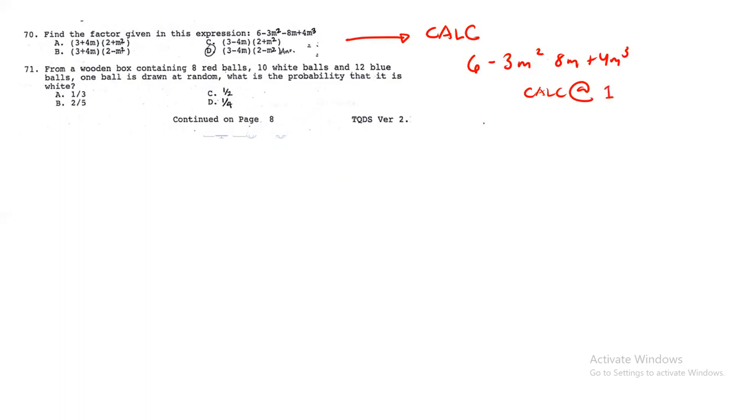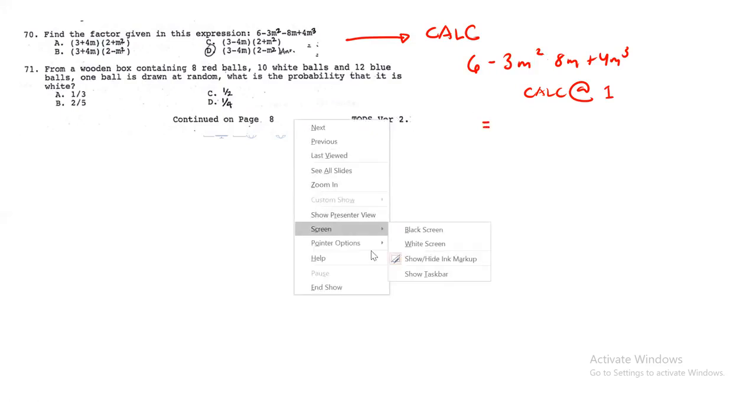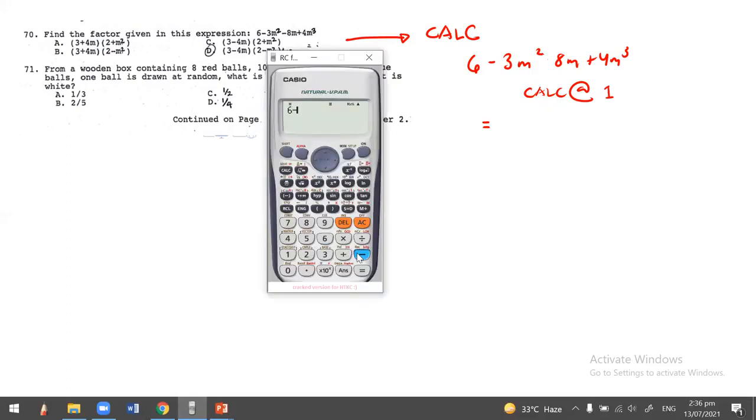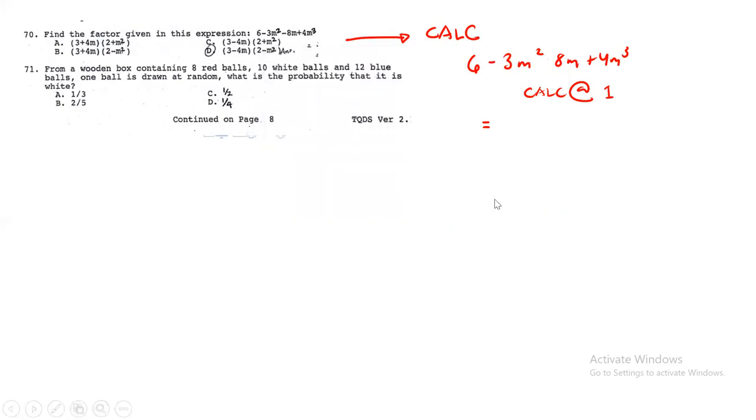So equals to, so substitute mo yung 1 dyan. So 6 minus 3x squared minus 8m plus 4x cubed. So calc natin yung 1. Negative 1. So negative 1 lalabas.